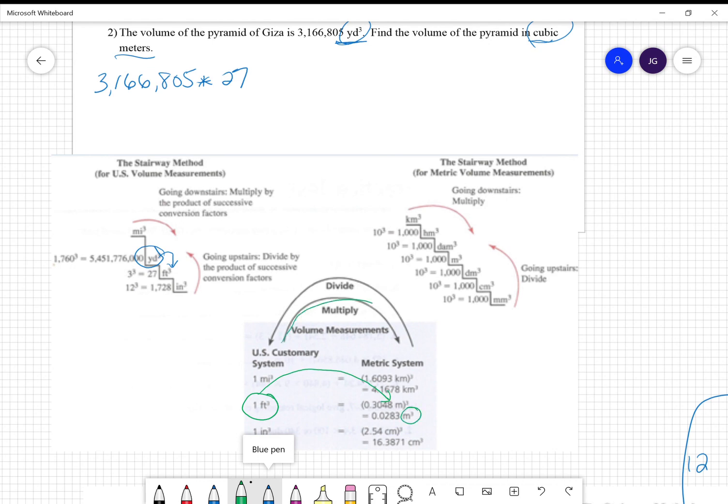So I'm going to be multiplying by 0.0283. I get 2,419,755.701 cubic meters.